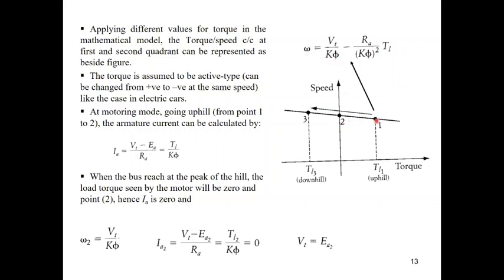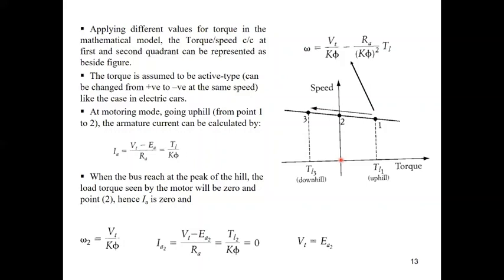So on that curve from point 1 up to point 2, we can apply this relation, and we can calculate the current also using the relation IA equals V terminal minus EA divided by RA, which is equal to torque load divided by Kφ. However, at point number 2, we reach the no-load speed, and the torque is 0, which means the current is also 0.